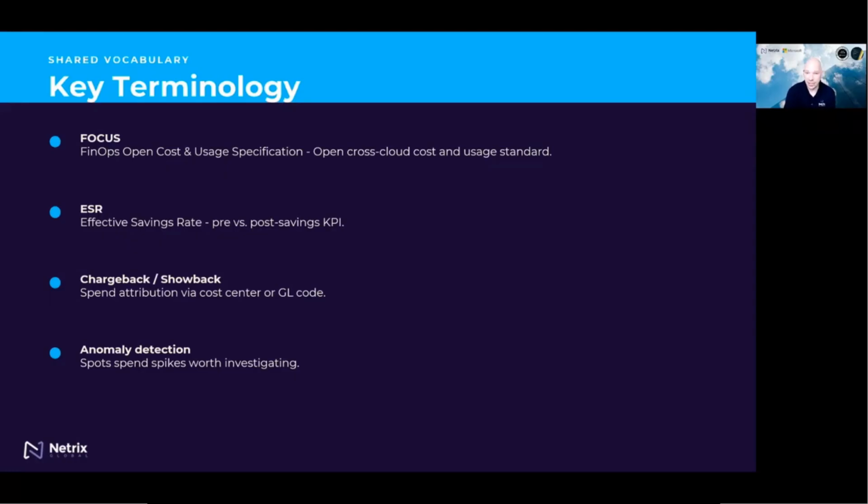Now, anomaly detection is great, especially if you have any sort of public-facing services. So, for example, if you have a website that all of a sudden hits the busy season, and now your instances are scaled from 1 to 100 to accommodate that additional user load, that is an anomaly. That's something that is not planned for, or maybe it is, who knows.